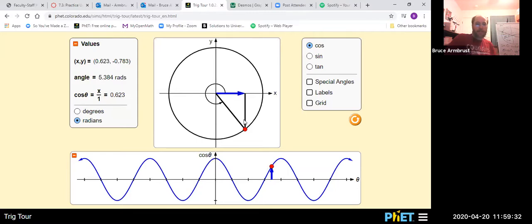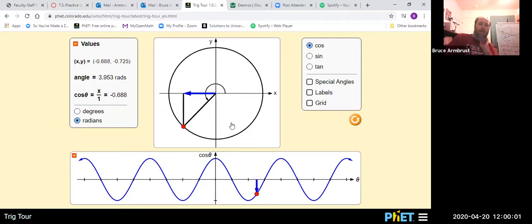But you can see, now if I go back to my picture and I just start playing around, what you'll see is as I rotate to a different angle, it's moving me along this axis because I'm increasing my angle. And the height of this arrow is actually the same as the length of this horizontal arrow, which is my x-coordinate, which is my cosine. And so as I move around, we start moving into different pieces, right?